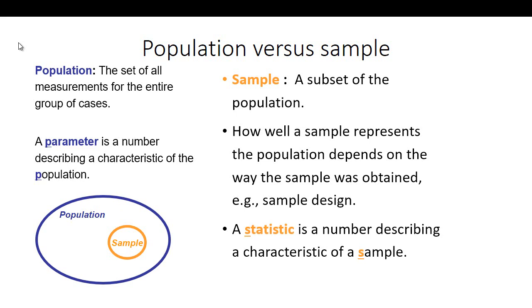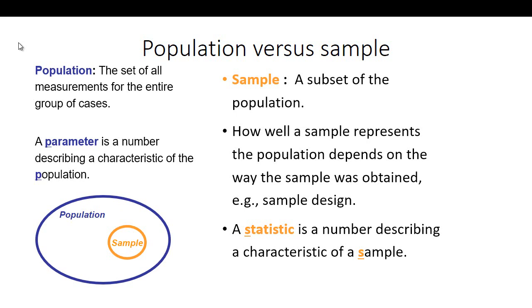So again, looking at the 2020 election, whether voters favor President Trump, if we pick a sample of say 2,500 voters and ask them whether they favor or not favor President Trump, then the proportion or the percentage of voters in the sample who favor President Trump would be a sample statistic.